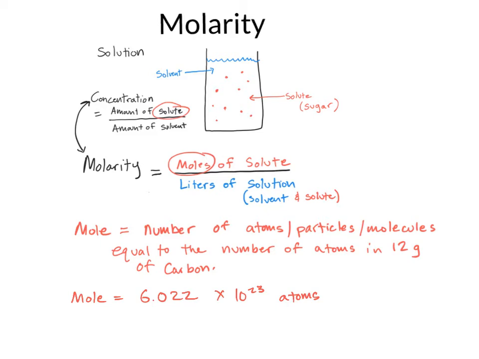But that's in 12 grams of carbon. This could also apply to particles or molecules, which are slightly different than atoms. This is called Avogadro's number. Avogadro was the scientist who came up with this unit of measurement.